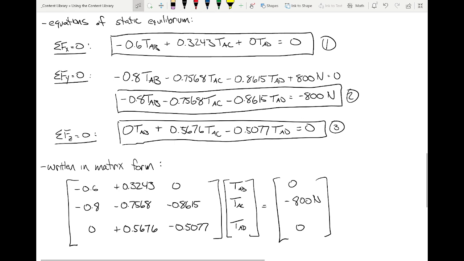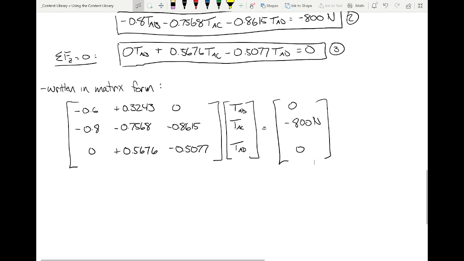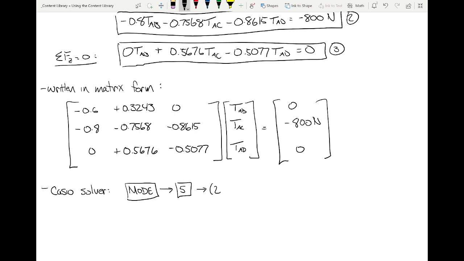So what do we do? We go to our solver. I'm going to do the Casio solver, although it doesn't really matter. For the Casio solver, again, you use the mode button, then mode 5, and now we're going to do option 2. I'll pull this up here in a second, maybe, to show you how you would do this. But all you're going to do is enter this table.